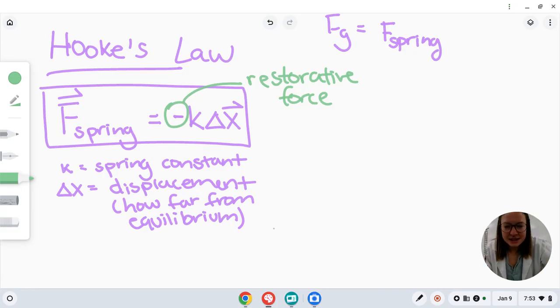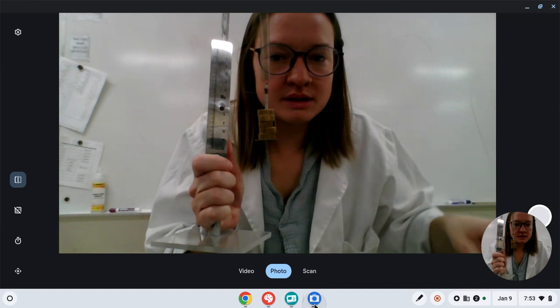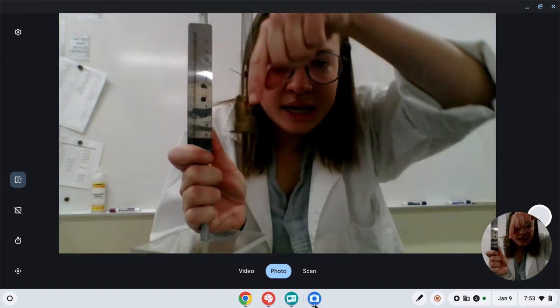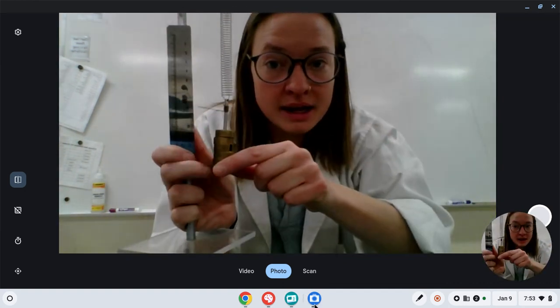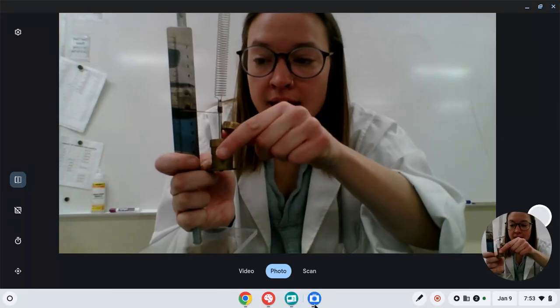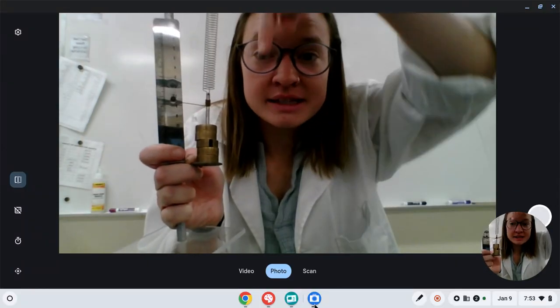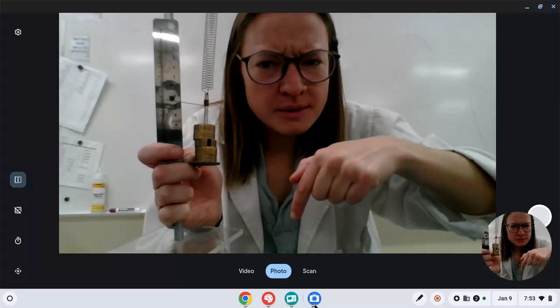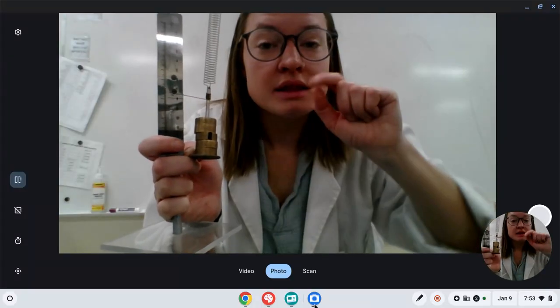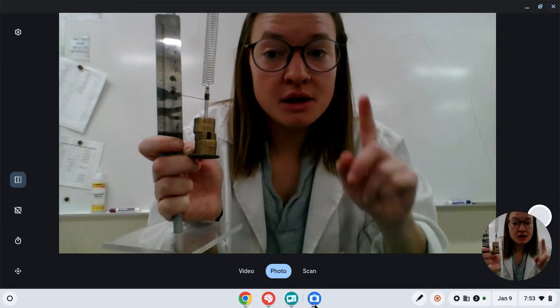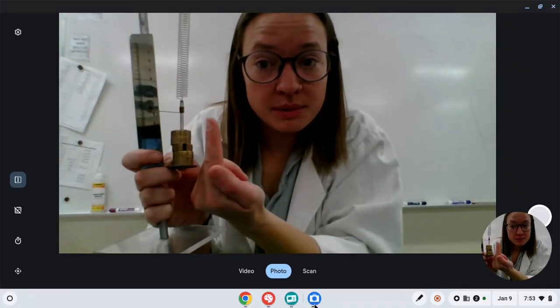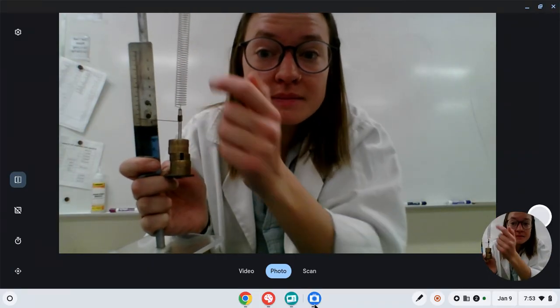Here's why that negative sign is there. Take a look over here again. Do you see how if I pull down this way, the direction of my displacement is this way? But which way is the spring force going? The spring force is trying to get this thing to go back to equilibrium, so the spring force is pulling up.